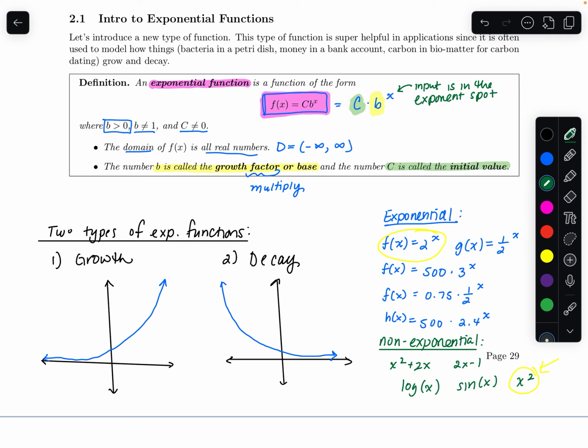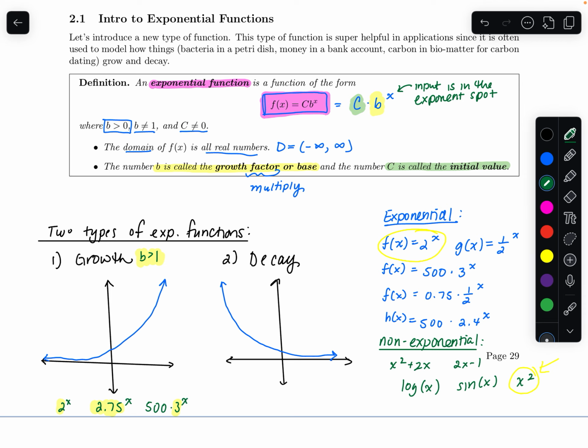So these can also be identified, the type of function. So for our growth, we're going to have a base bigger than 1, right? So for example, our 2 to the x, our 2.75 to the x, our 500 times 3 to the x. As long as this value right here that's acting on that x is bigger than 1, that's all we need.